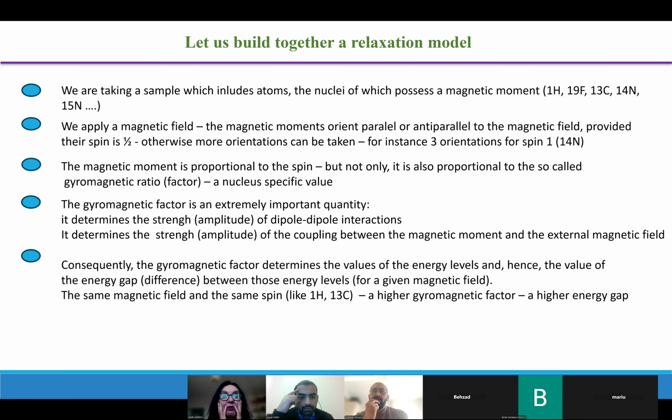Then we apply a magnetic field. This we already were there. The magnetic moments orient parallel or anti-parallel to the magnetic field, provided the spin is 1/2. And here we are reaching the point of a spin. Spin quantum number is just, one could say, an artificial number attached to proton.